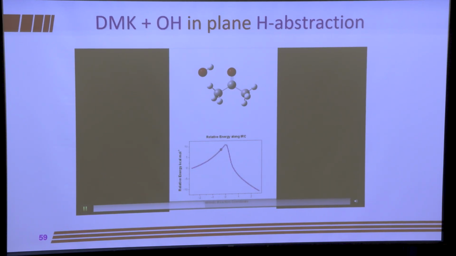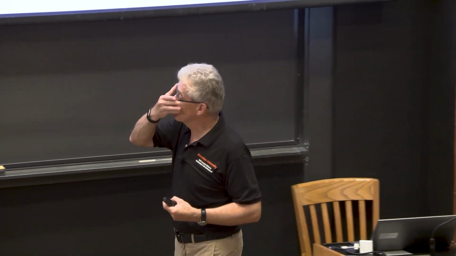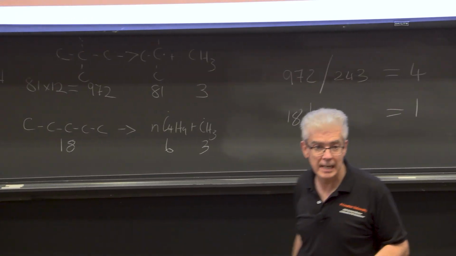So you see the hydrogen is being pulled away, and eventually it breaks the CH bond. But to break that CH bond you have to put energy in first before you get the energy back out when it relaxes back to water and the acetonyl radical. Okay, so that's what that reaction coordinate diagram is depicting.